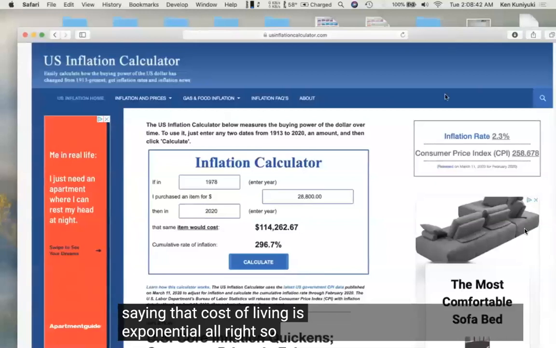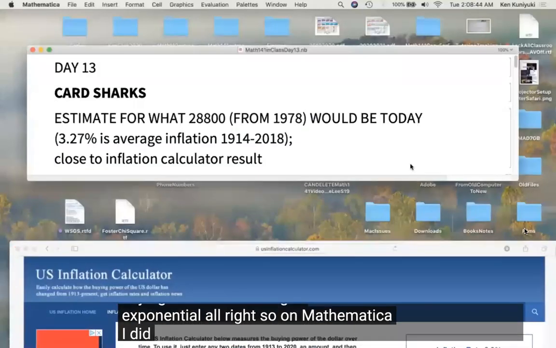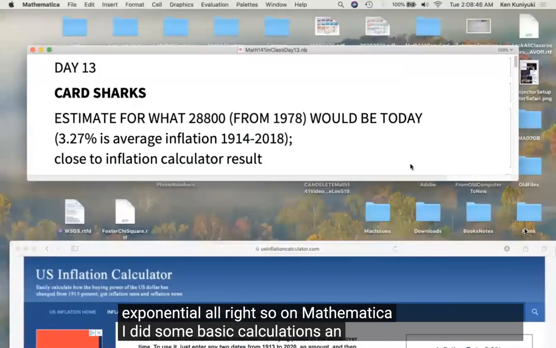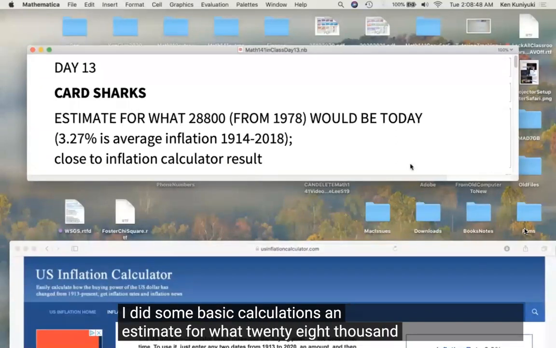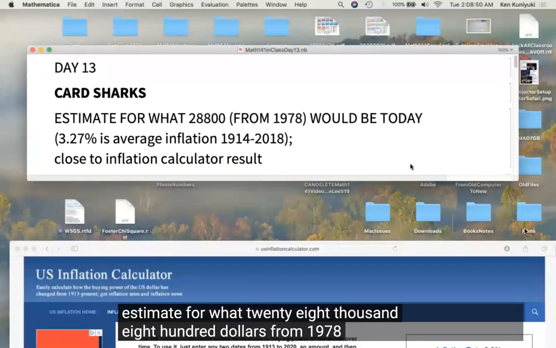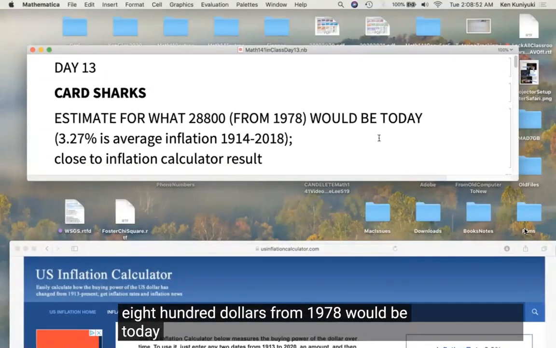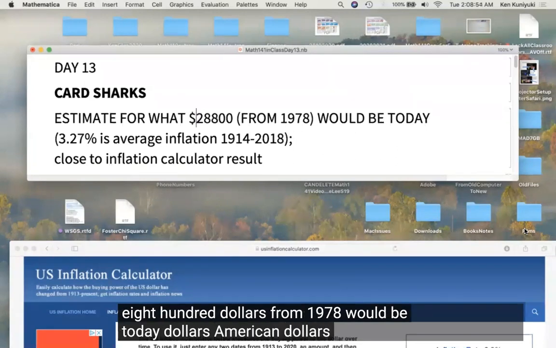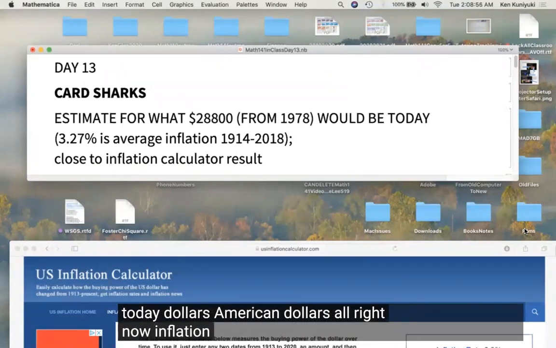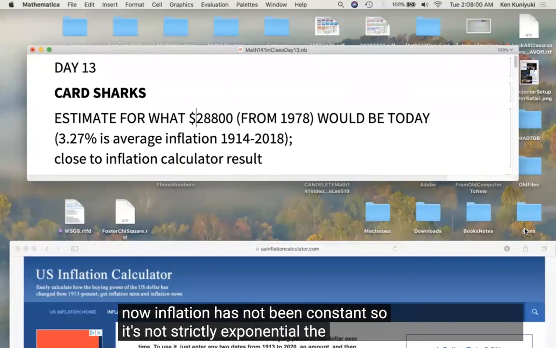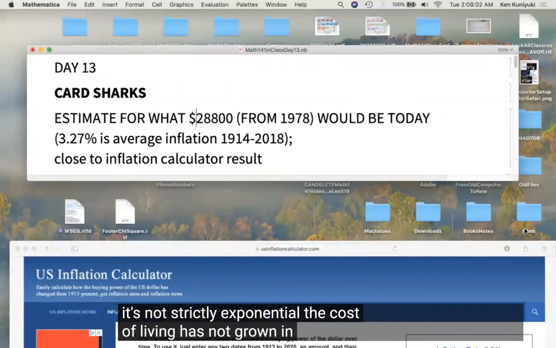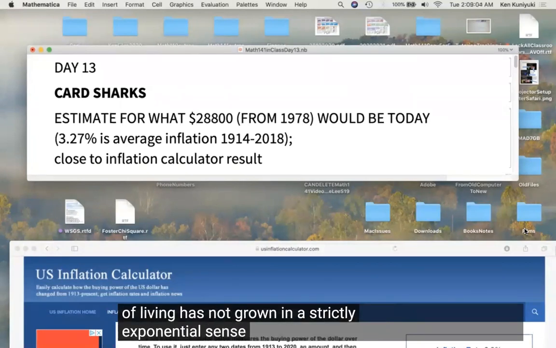On Mathematica, I did some basic calculations, an estimate for what $28,800 from 1978 would be today, in American dollars. Now, inflation has not been constant, so it's not strictly exponential. Cost of living has not grown in a strictly exponential sense.